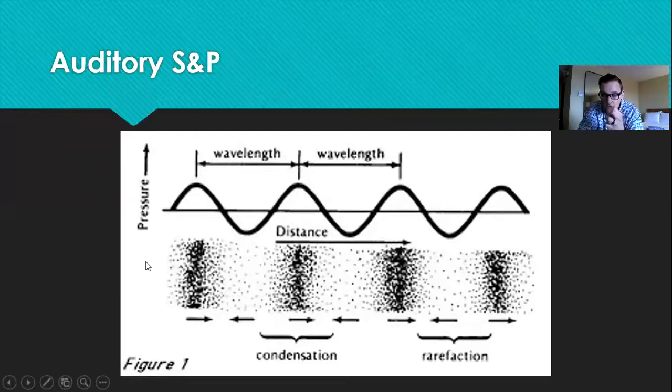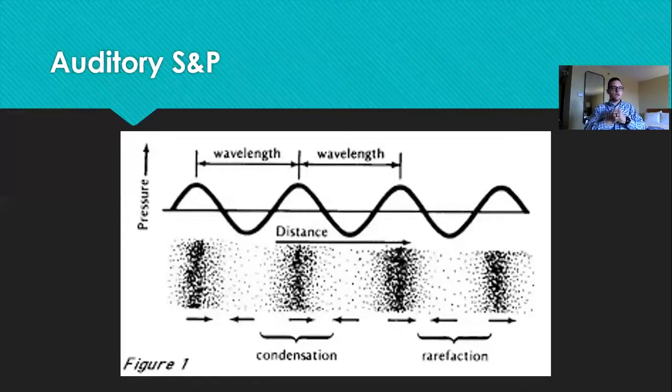The greater the condensation, the higher the pressure. And the more spread out the rarefaction, the deeper the trough. And so that's what creates, or changes, amplitude.